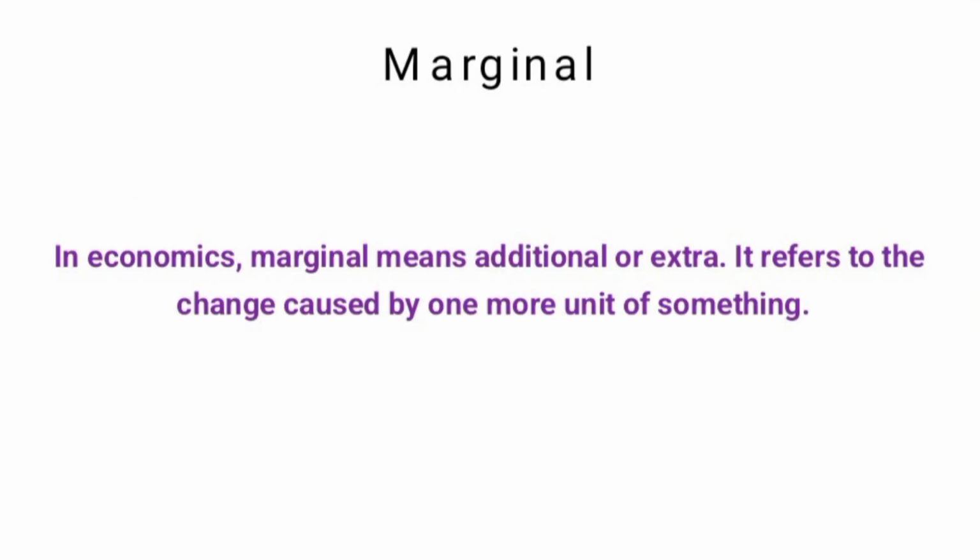Okay. Then you have to know what is marginal in economics. In economics, marginal means additional or extra. Means additional unit or extra unit. Okay, in economics, marginal or extra unit refers to the change caused by one more unit of something.